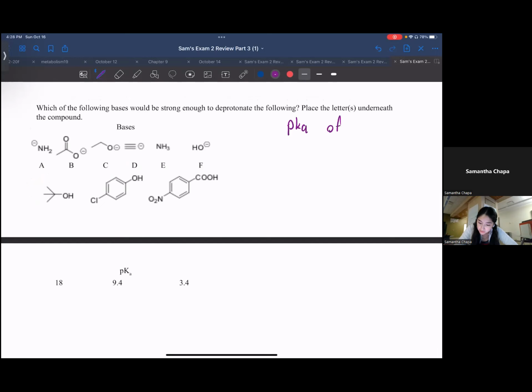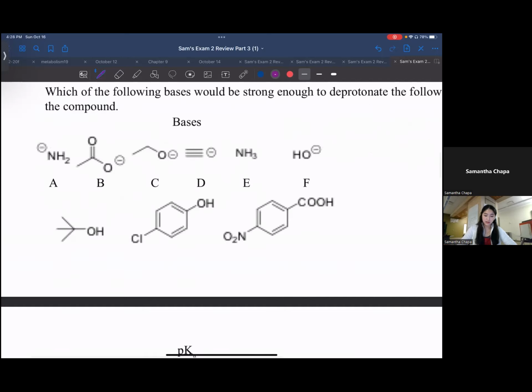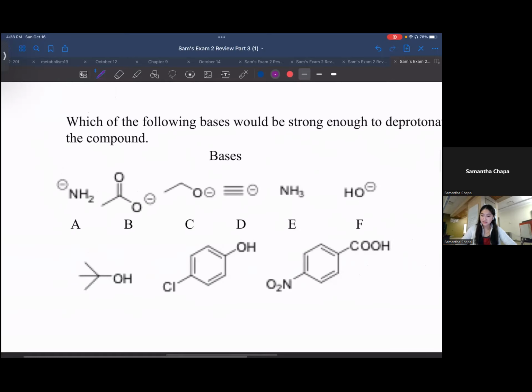pKa of conjugate acid determines strength of base. So again, remember how a strong base equals a weak acid, or a strong acid equals a weak base. So the pKa of a conjugate acid determines the strength of it. So then what we're going to do for each of these is give the pKa's.